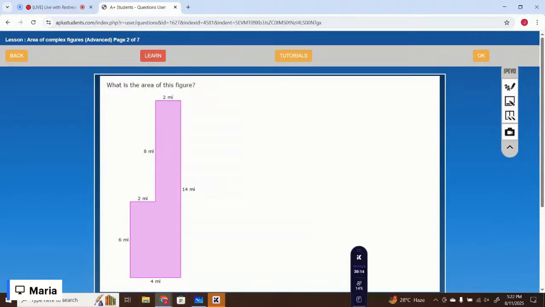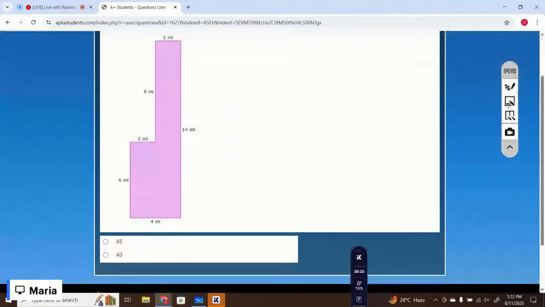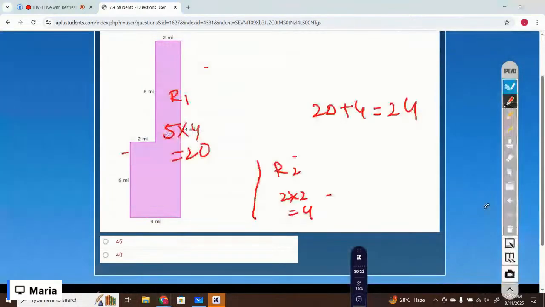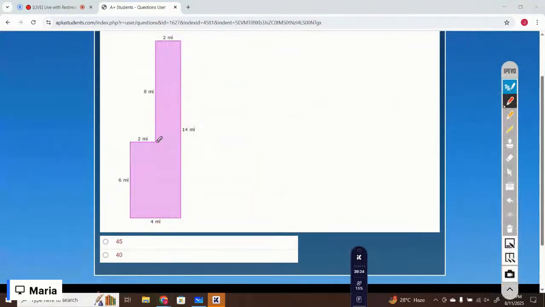What is the area of the figure? So just divide this complex figure into two smaller figures. That is 6 times 4 is 24.